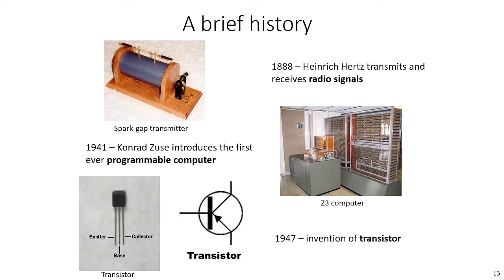Then we also have the programmable computer, using digital signals. And later on we have the transistor, which is a very important electronic device, and you will also learn about the transistor after midterm, okay?